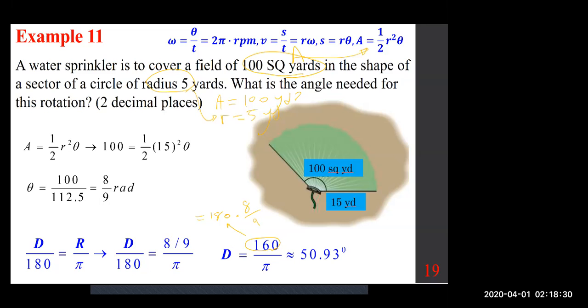Nine and 180 cancel each other. 20 times 8 is 160 divided by pi and a bunch of decimals. We get 50.93 degrees.